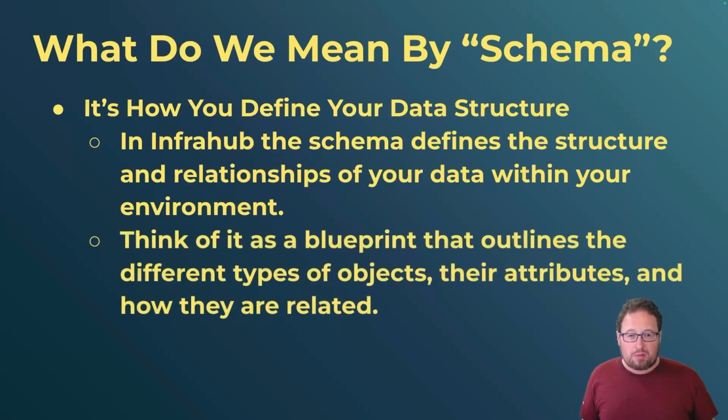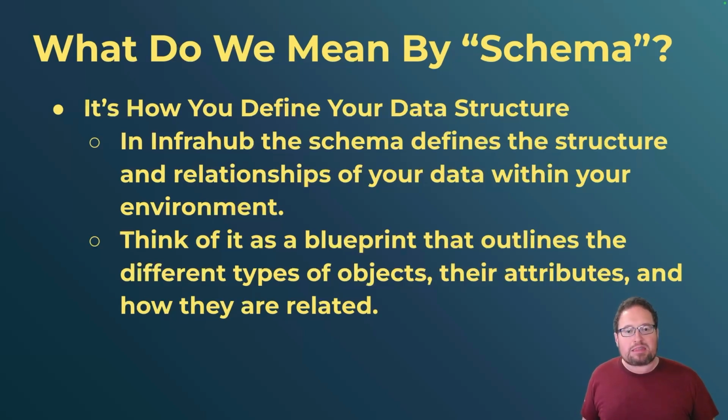Really, it's a blueprint that's going to outline the different types of objects. So it's not the named firewall, it's network devices, which could be routers or switches, or maybe a storage array, or an organizational site.